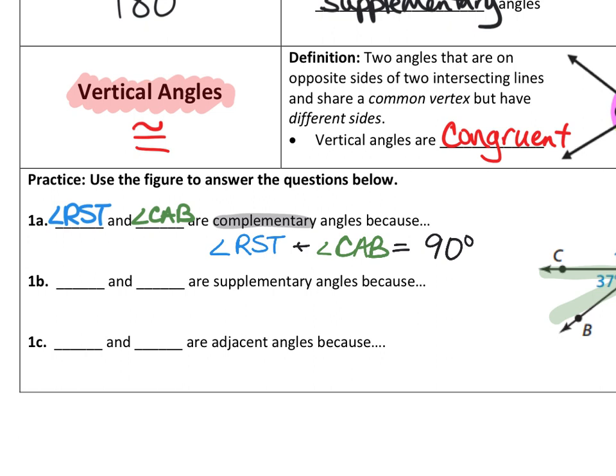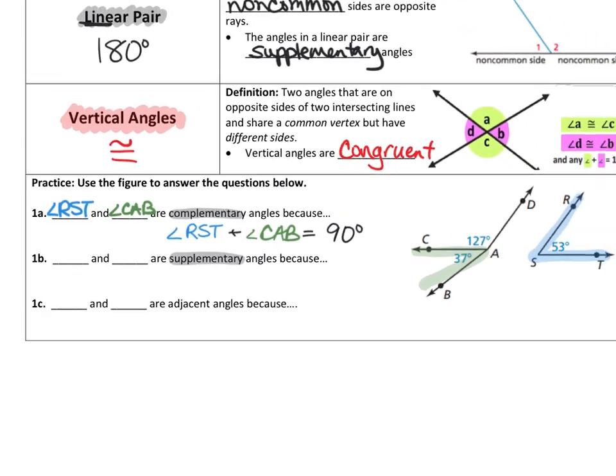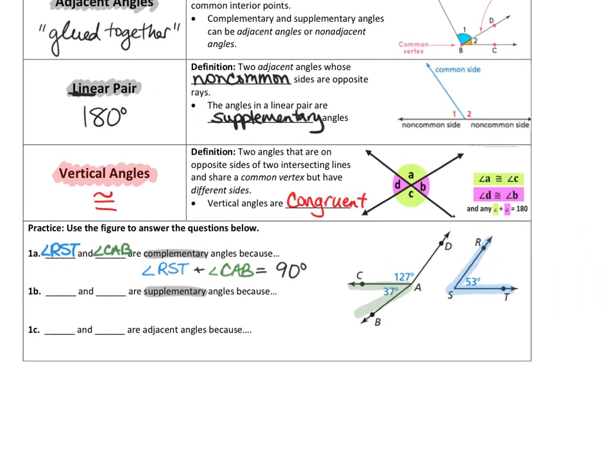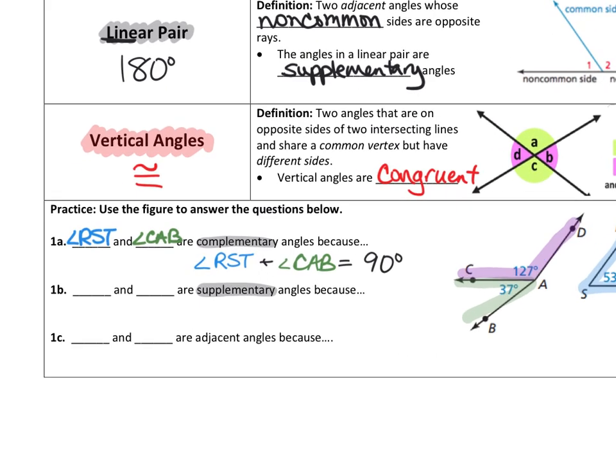Okay, the next one says supplementary. What do we know about the word supplementary? What do they have to add to be? 180. So let's look at our image again. Which of those 2 angles would add together to make 180? 127 and 53. Okay, so let's name it properly. What's the name of the purple angle?